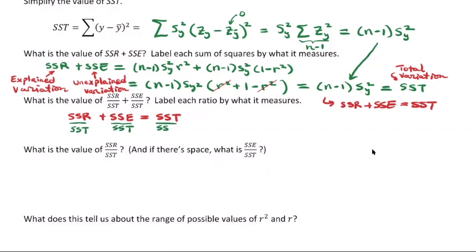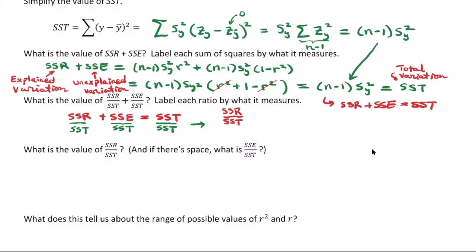So if you divide by SST on each side, it tells you that if you take the proportion of total variation, and I'm going to make some space to write below this, SSR is the explained variation out of all variation.